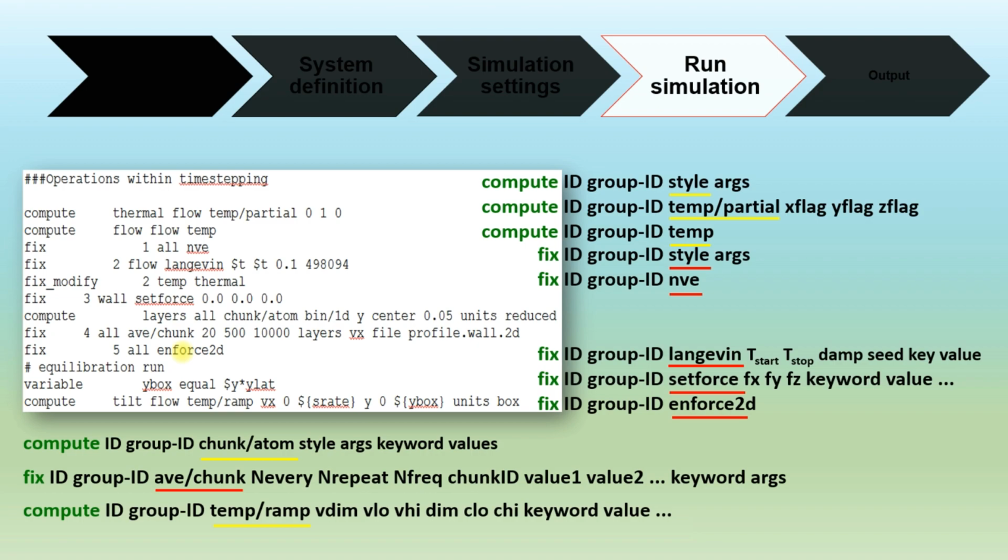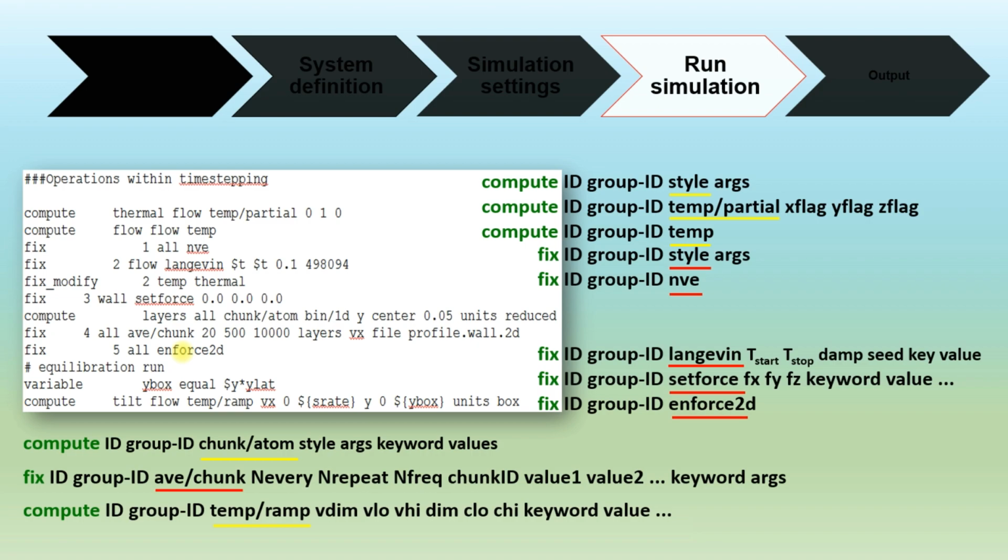Binning style here, which is the case, performs a spatial binning of atoms and assigns an atom the chunk ID corresponding to the bin number it is in. N chunk is set to the number of bins. Basic syntax of this compute is compute ID, group ID, chunk/atom, style, argument, keyword, and values. All the atoms are chunked into bins in the y direction here.